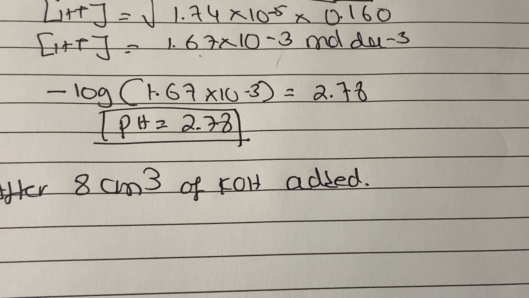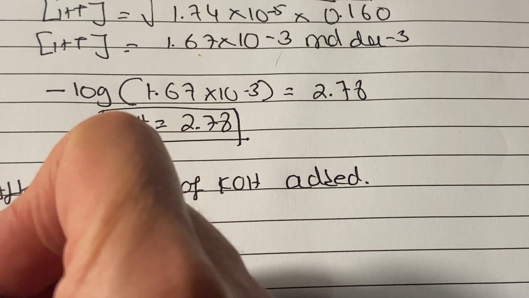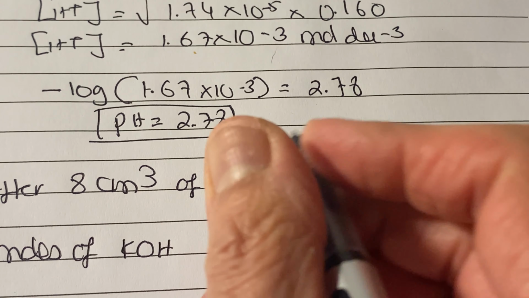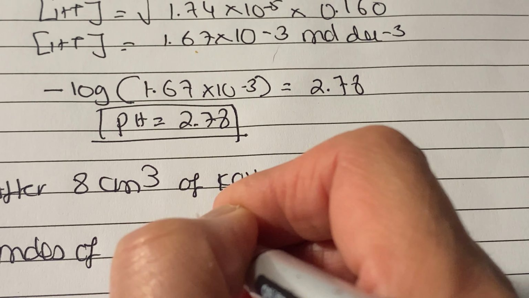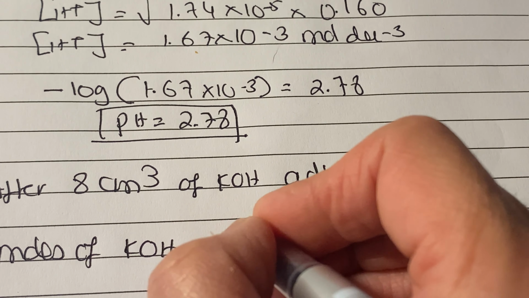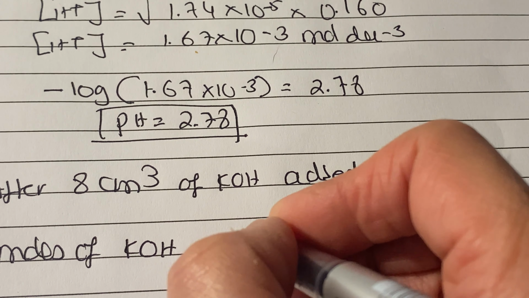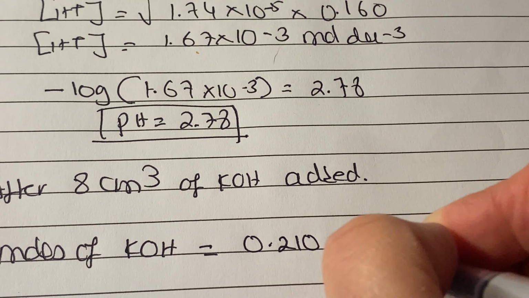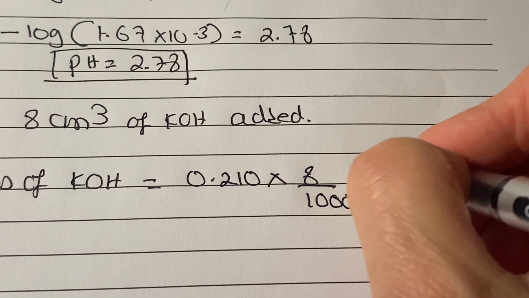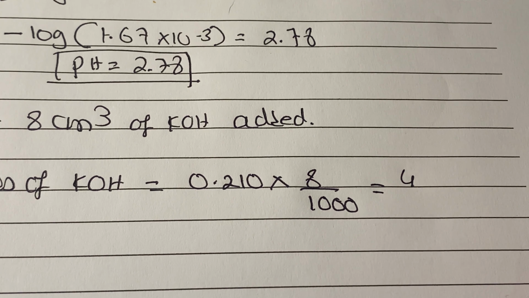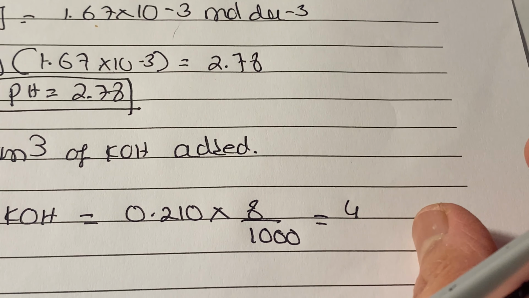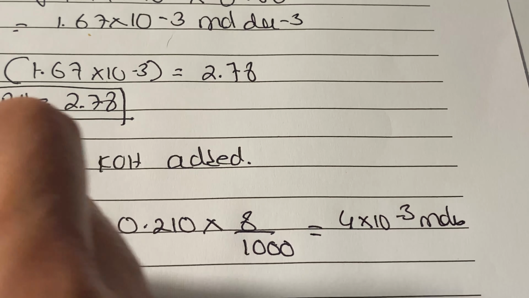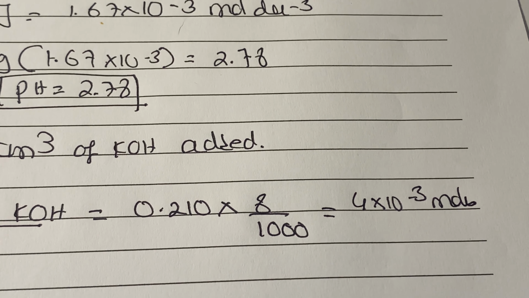So what we do first, we work out the moles of potassium hydroxide, or hydroxide ion solution, which will give you 0.210 times 8 divided by 1000, which equals 4.2 × 10^-3 moles of potassium hydroxide present.